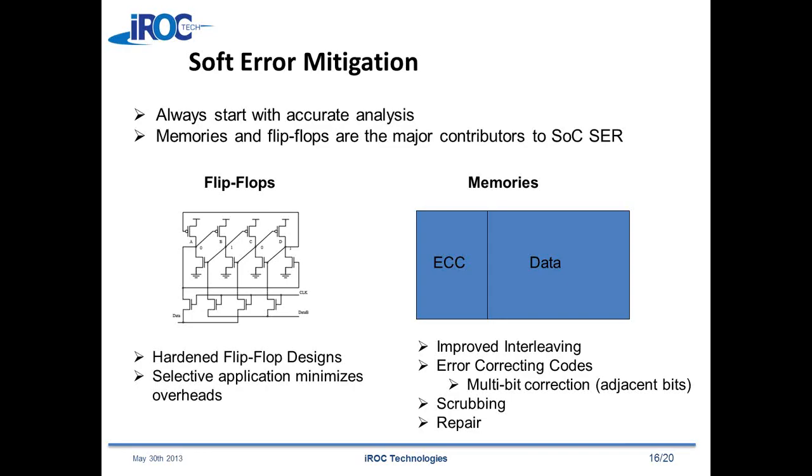We're also starting to see an increased use of stronger than single error correct ECC codes in memories, error correcting codes that can correct 2-bit errors or sometimes more in order to deal with these multi-bit upsets. The other thing is that you need to make sure that the memories are scrubbed.